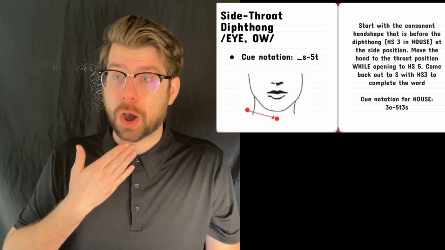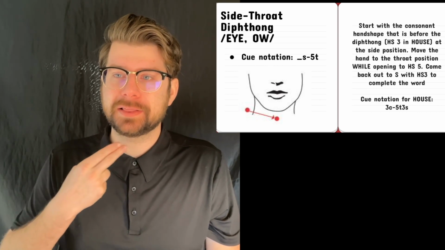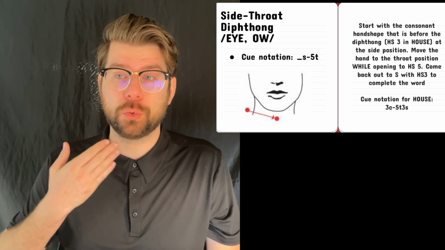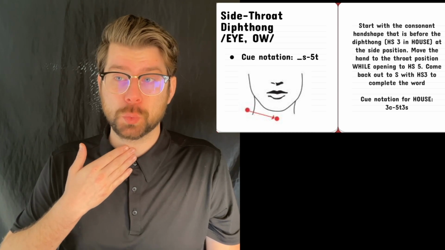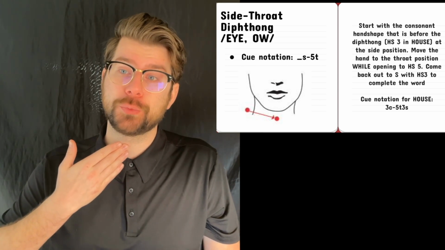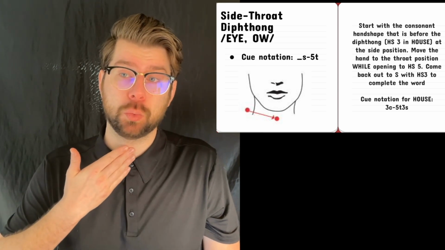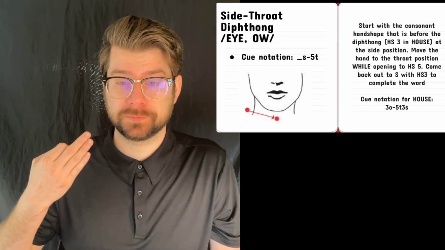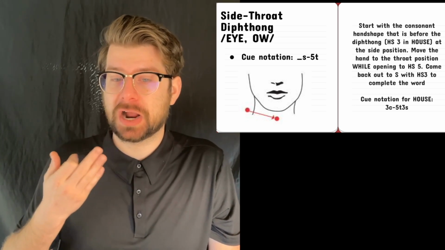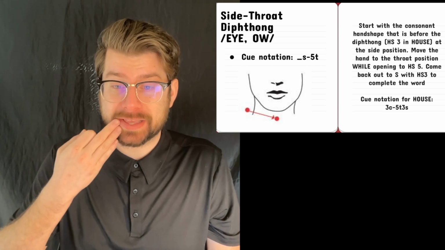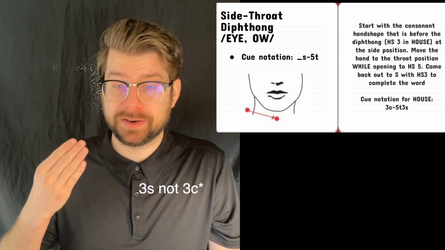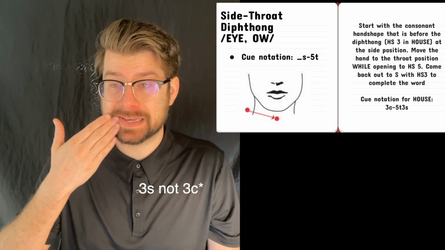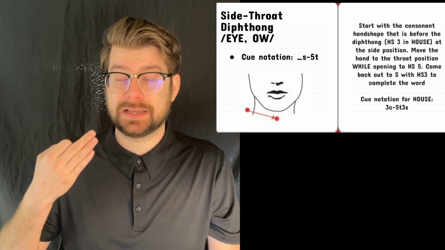So house would look like that. House, mouse. And the cue notation for house would be 3C hyphen 5T 3S.